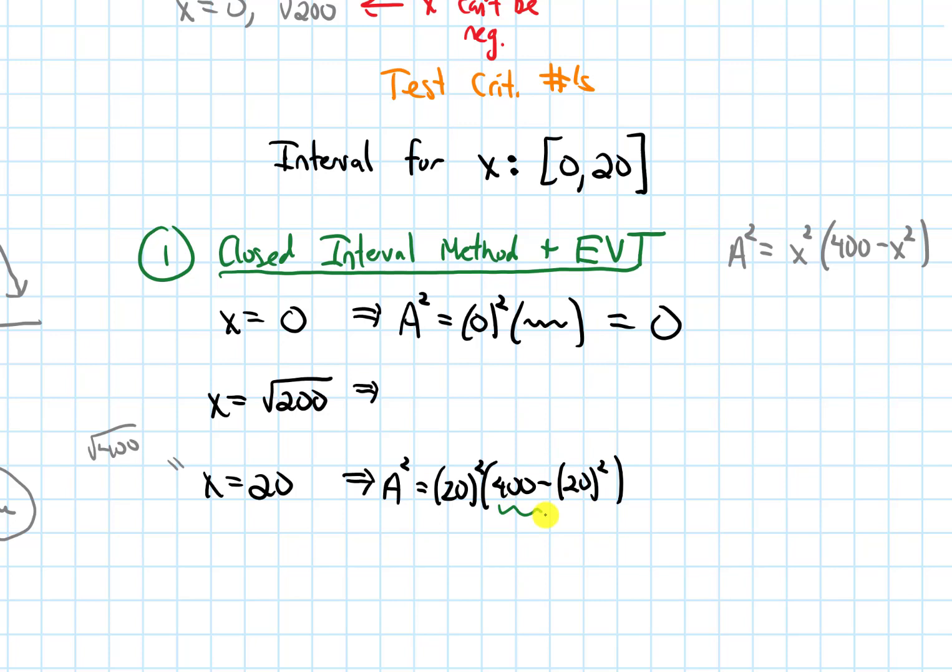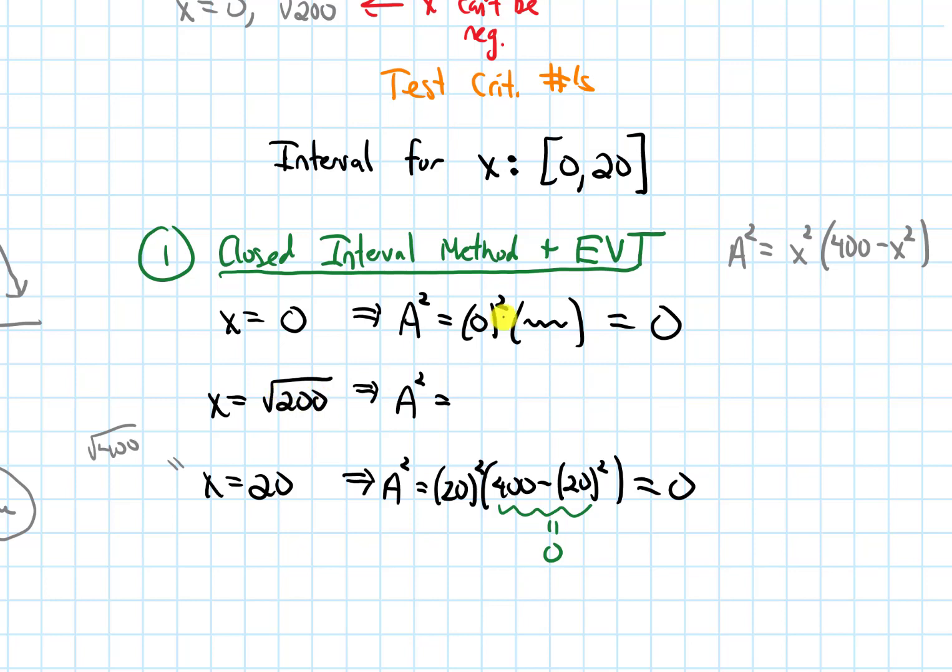But 400 minus 20 squared is 0. So this is also going to be 0. And by the way, those also make sense. When x is 0 and when x is 20, we said earlier that those are degenerate rectangles. So it makes sense that their area squareds are 0.